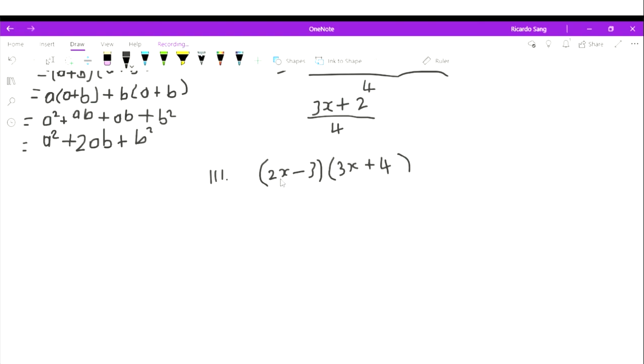And we're going to use the same principle to work this out. So the 2x is going to multiply each member of this bracket. Then the negative 3 is going to multiply each member of the bracket.